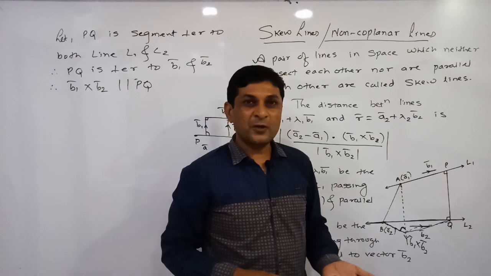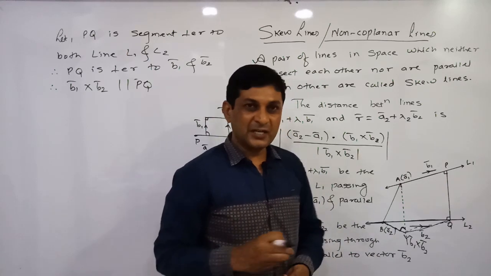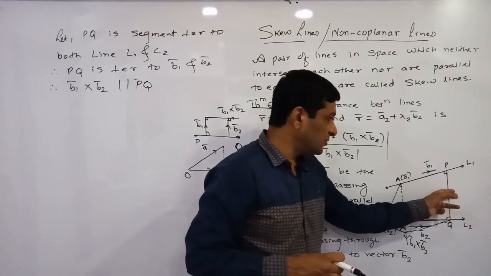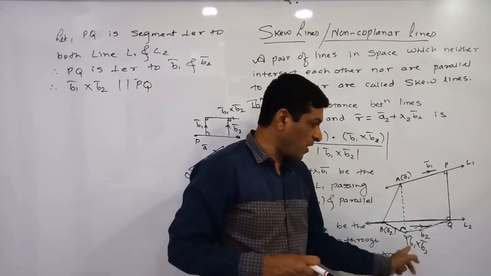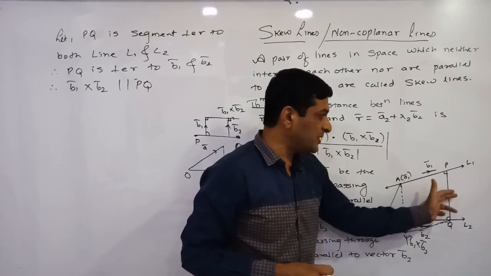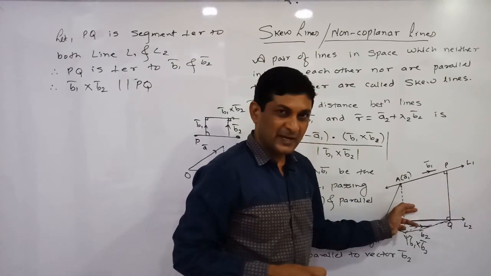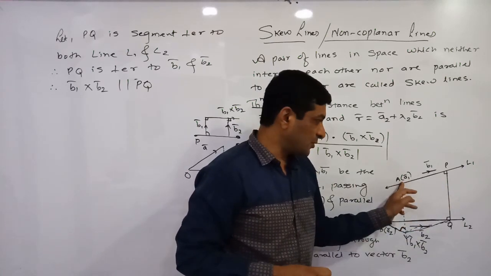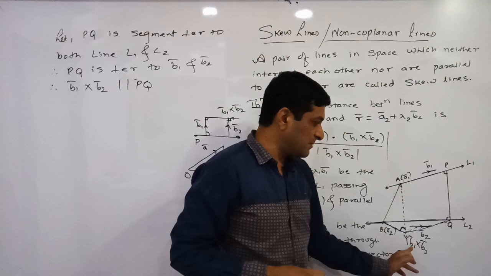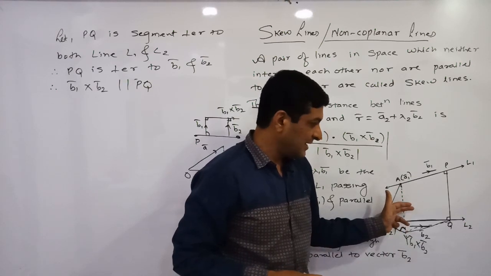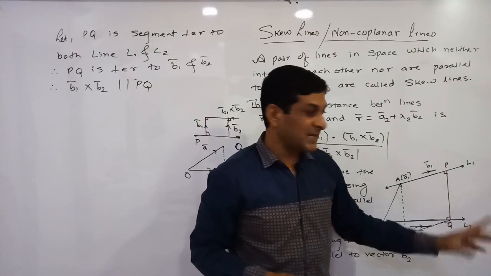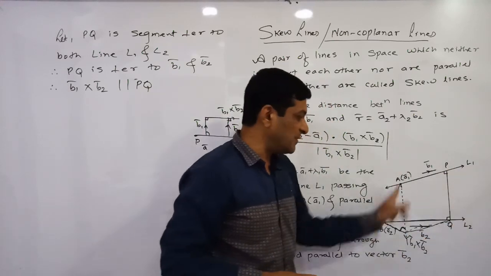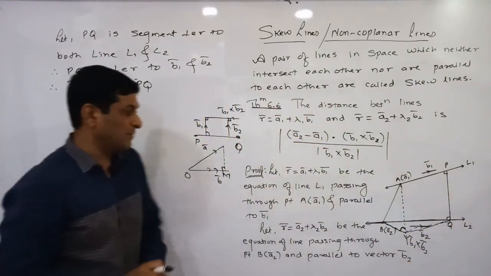And what is the property of a rectangle? Opposite sides are equal, so the length of PQ and this projection of AB bar on B1 bar cross B2 bar are of equal length. So this segment is equal to PQ. That's why we can say that PQ is the projection of AB bar on B1 bar cross B2 bar.